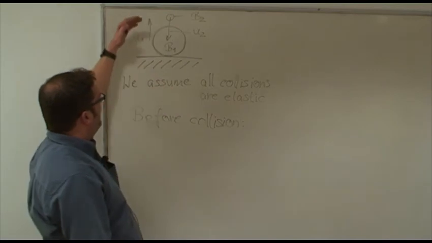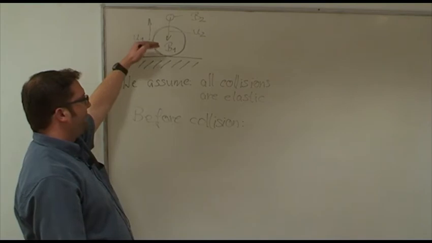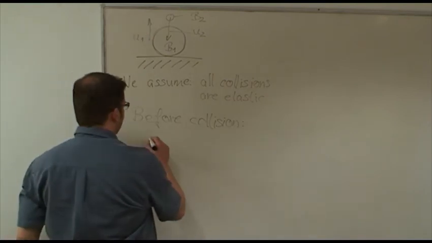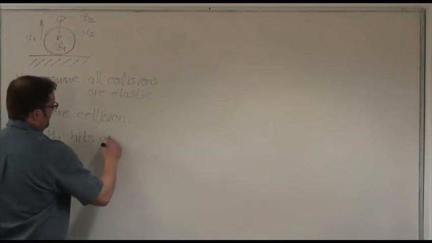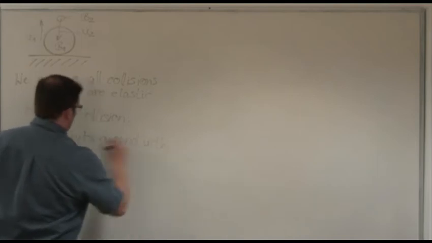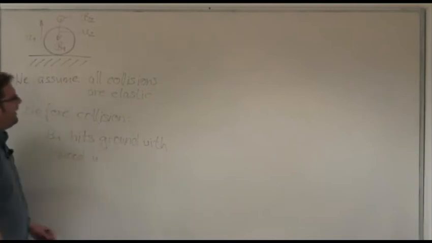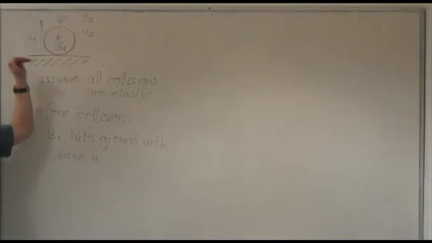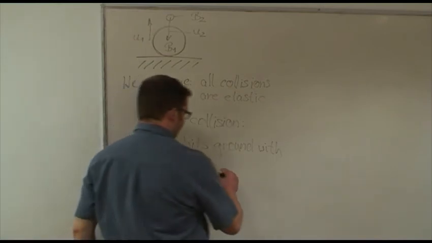Before the collision, what happens with B1? B1 hits the ground at a certain speed, say u. And then we assume that the collision between B1 and the ground is elastic, so it will also come off the ground with the speed u again, which means the velocity u1 will be u.